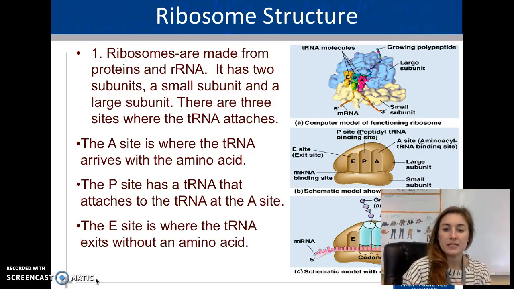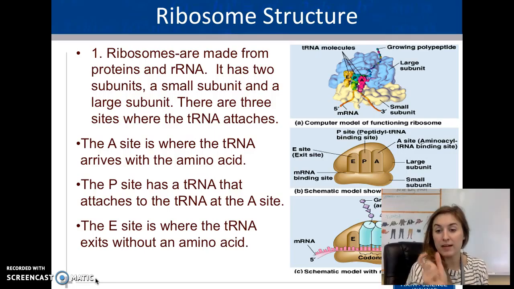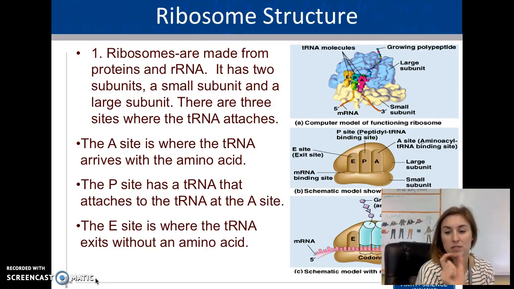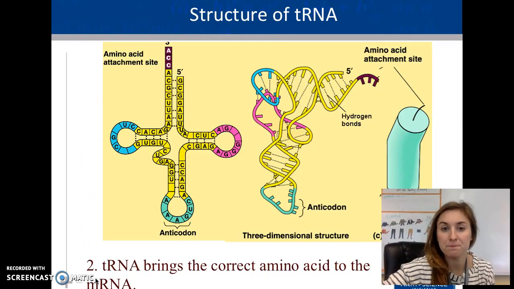So I'll have my set of 3 codons that will sit in my A site. It will be read, and tRNA will arrive. It shifts the 3 codons to the P site where it's physically bonded, and then it shifts the 3 codons to the E site where the tRNA leaves, and the amino acid is now bonded to the rest of the chain.